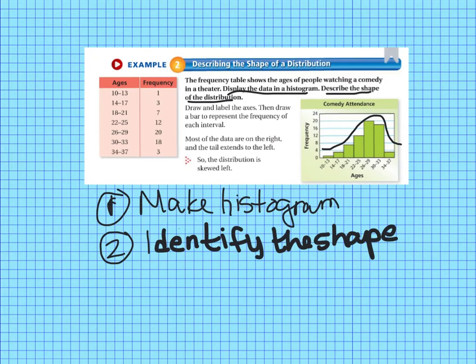And we can tell when we look at the shape that it is skewed. We've got the tail on the left, so that means it is skewed to the left.